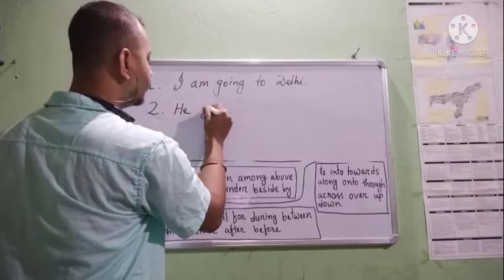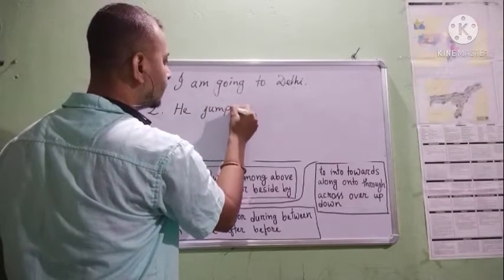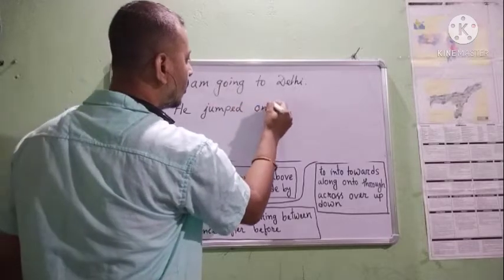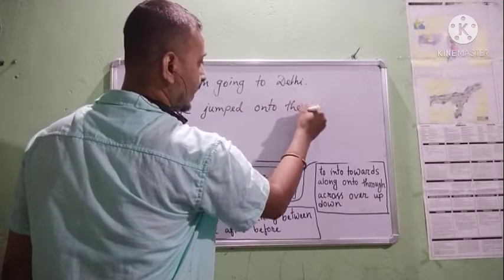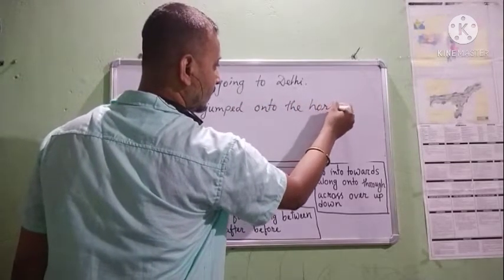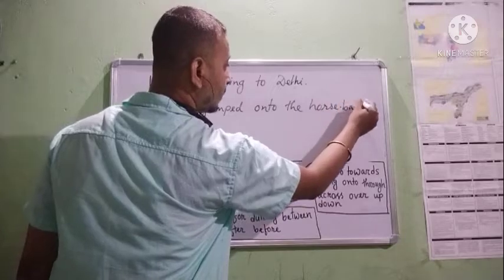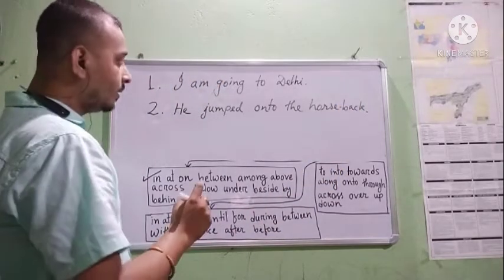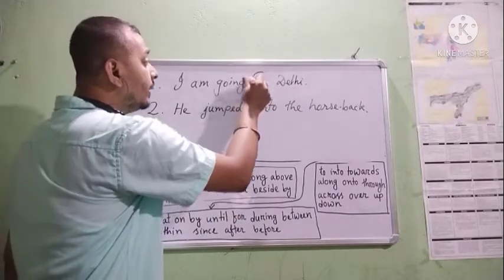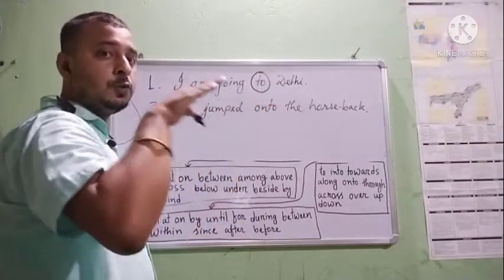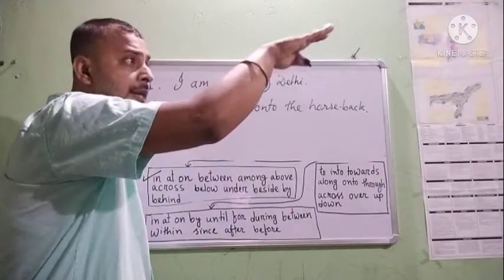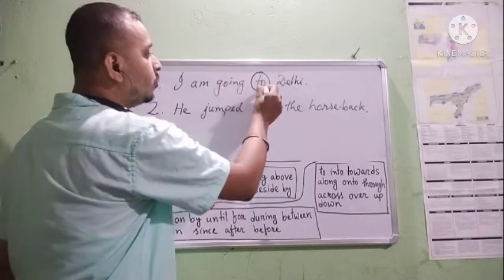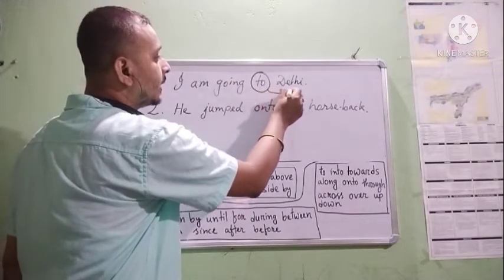He jumped onto the horseback. Okay. Here it means a direction. In which direction am I going? Delhi. So to is a preposition of direction.